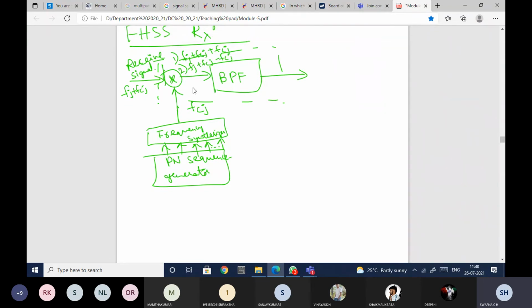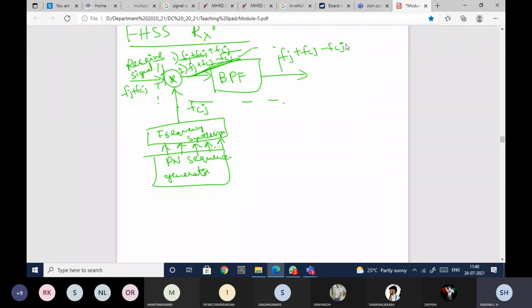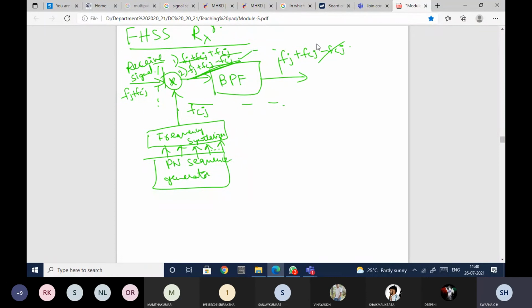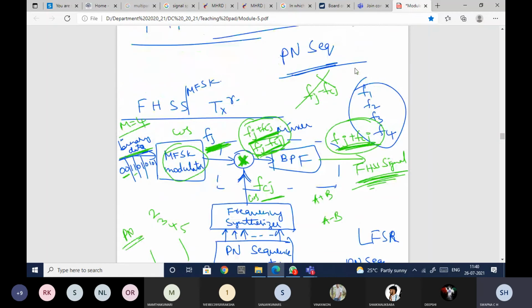Now I have to use a band pass filter tuned in such a way that it takes only the difference term. So my output will be Fj plus Fcj minus Fcj. The minus Fcj and plus Fcj will cancel, so I'll have Fj. If you observe here, the output of the modulator is Fj.